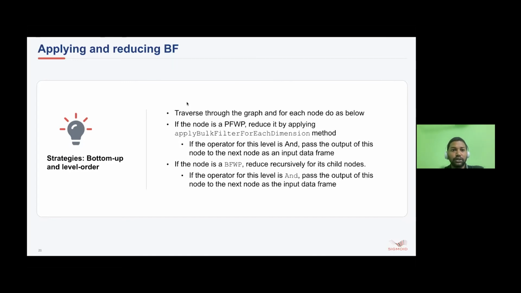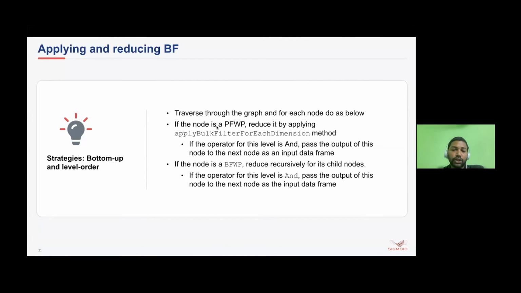So after finding the cost and arranging them, we can process that query, and we can apply and reduce that bulk filter. So for that also we have applied bottom up and level order strategy. So suppose we have a graph of all the nodes with all the operators between them.